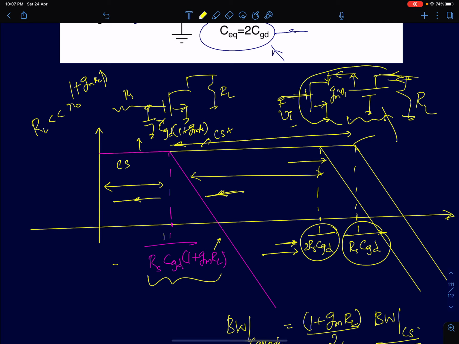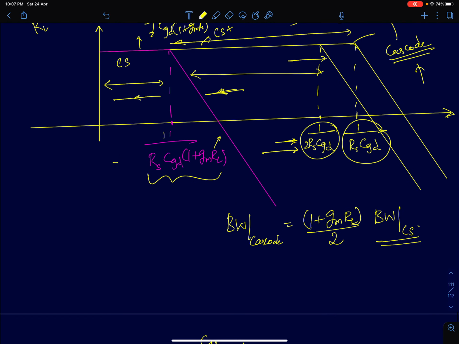So this combination of common source plus common gate configuration is what we call cascode configuration. Now remember, the name is derived from vacuum tube amplifiers, but since behavior wise it's very similar to that, we call this also a cascode amplifier.